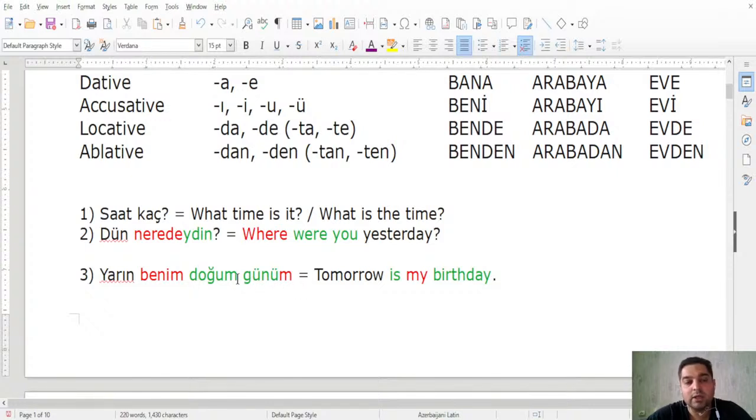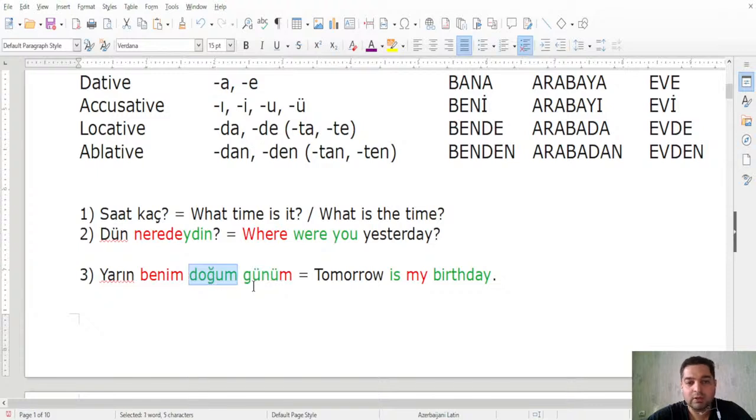If you say doğumun günü, it will be the day of the birth. But when we have only this possessive ending, doğum günü, it becomes birthday, like for example door key, car key. Because in English it's just one single word, I'd also translate it as one word.